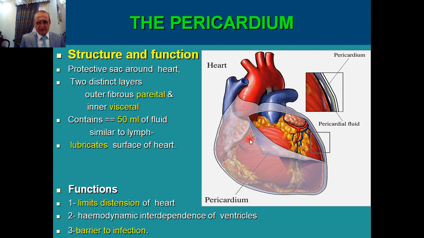It's just to lubricate the heart, but its main function actually is to limit distension of the heart and help in the hemodynamic interdependence of the ventricles. Each ventricle contracts interdependently. And it is obviously a barrier against infection.